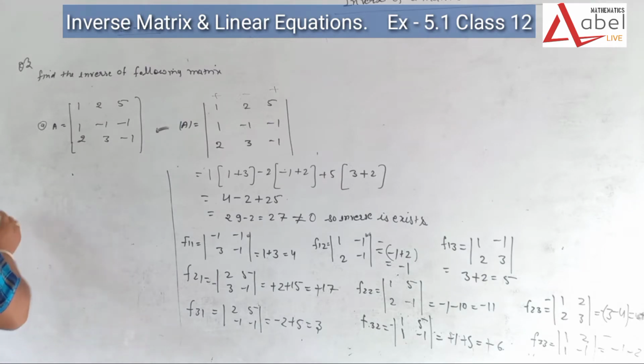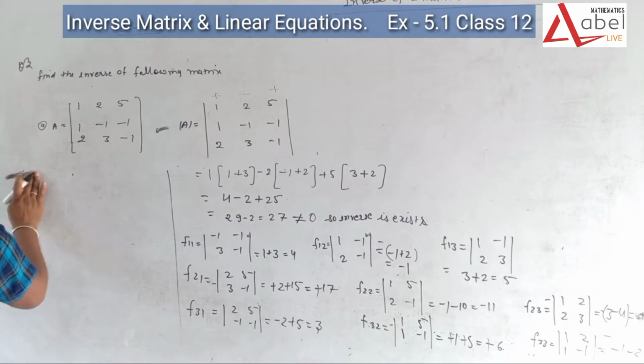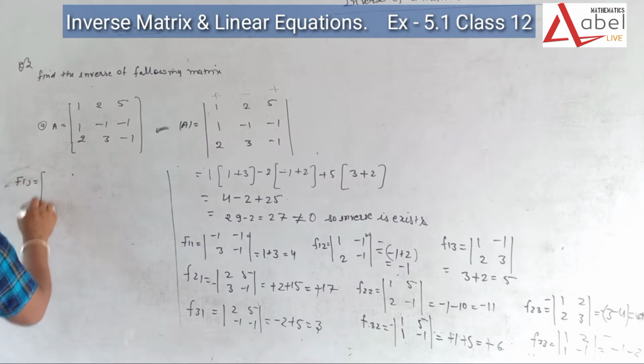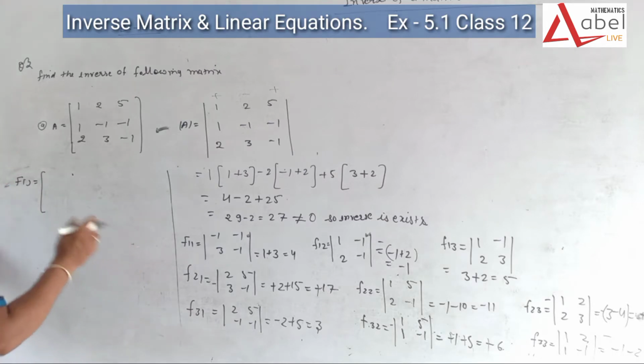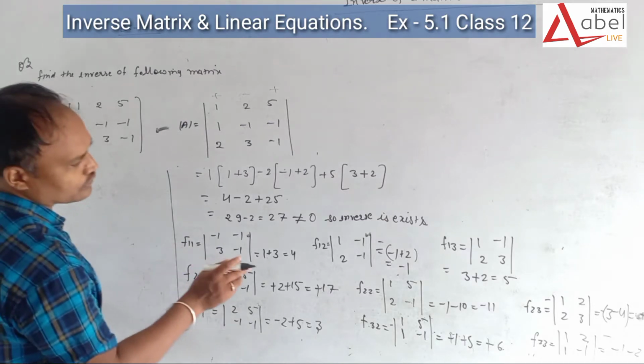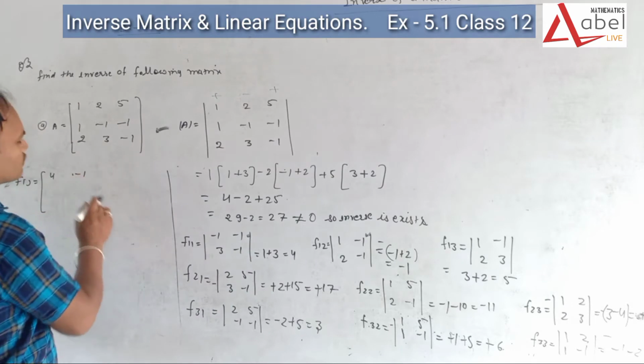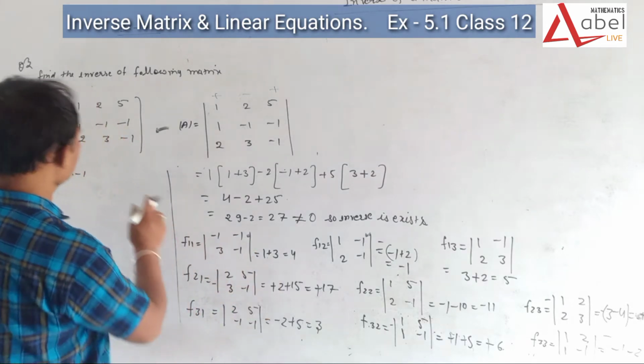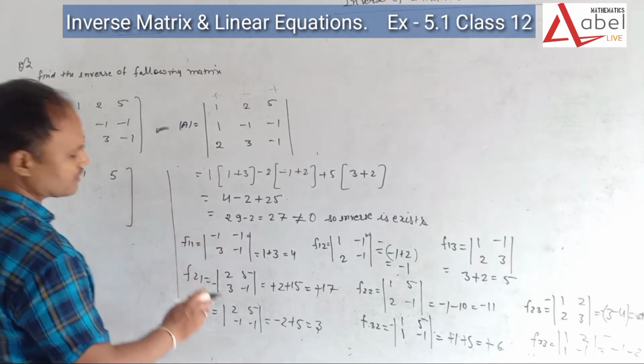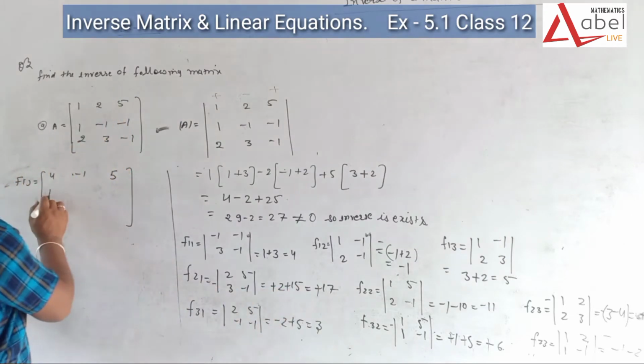So what is the adjoint of A? For the adjoint of A, firstly we are going to find Fij. Fij means this is the matrix of cofactors. The values are: 4 minus 1, it is 5. What about here? It is 17.